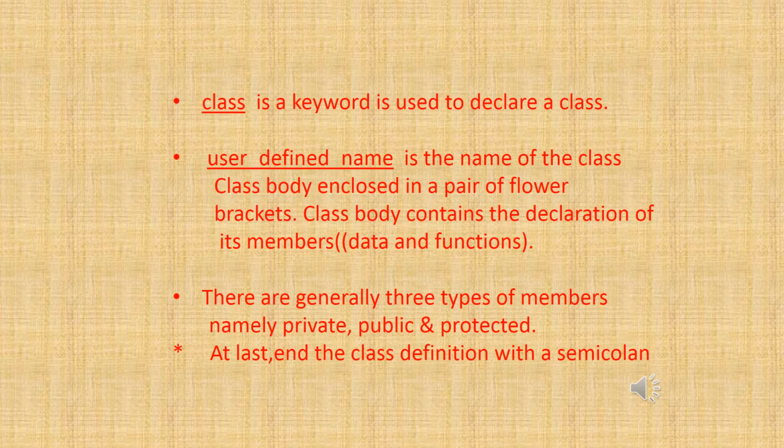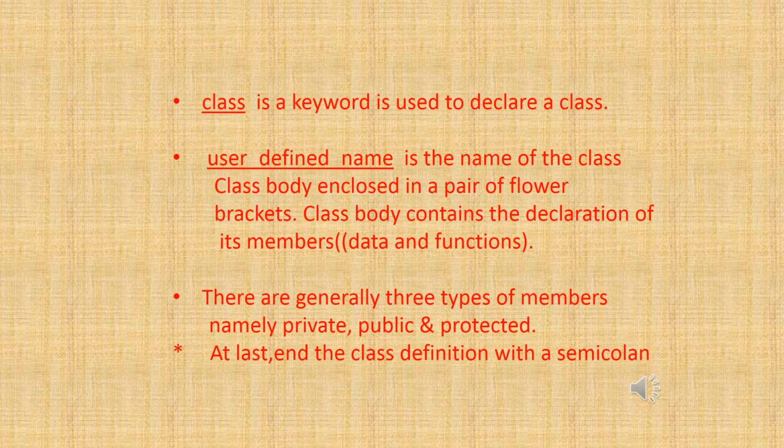User defined name is the name of the class. Whatever name you want to give, it is always advisable to give a relevant name. Class body is enclosed in a pair of flower brackets, ends with a terminating semicolon. Class body contains the declaration of its members. That means it may be data members and member functions.